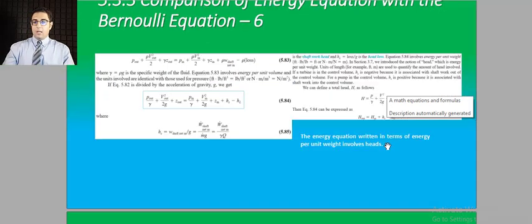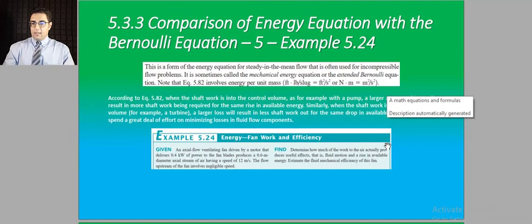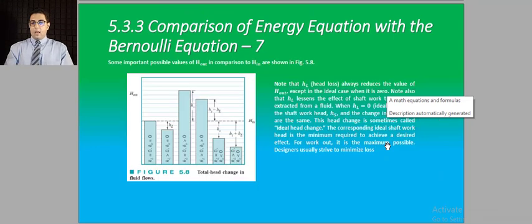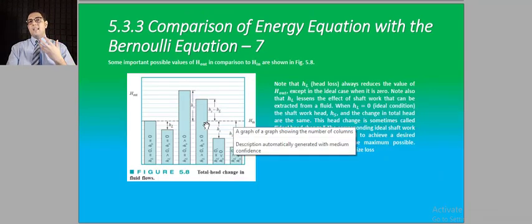Let me just adjust the slides. In this figure, you're just seeing the effect of the head, whether it's loss or due to the shaft. Once we don't have any losses, the heads at the inlet and the outlet are the same.